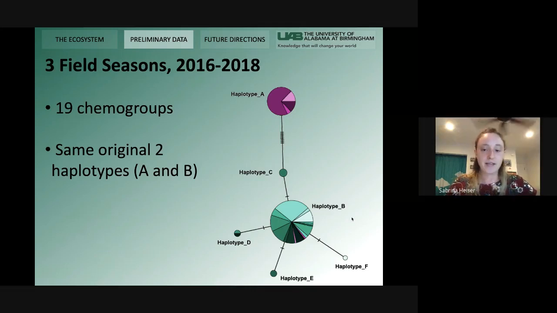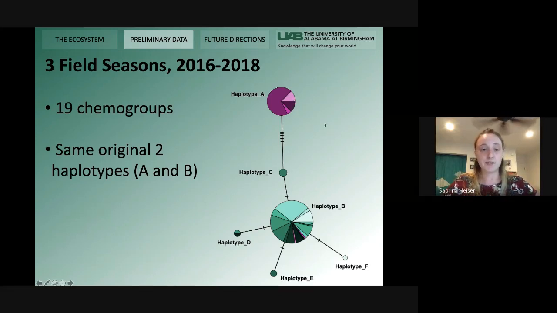And this is the network of the haplotypes. As you can see, I found the original haplotypes, haplotype A and haplotype B, that had previously been identified, and they were certainly the most abundant ones as well. Just to orient you, I used 2 different main colors.